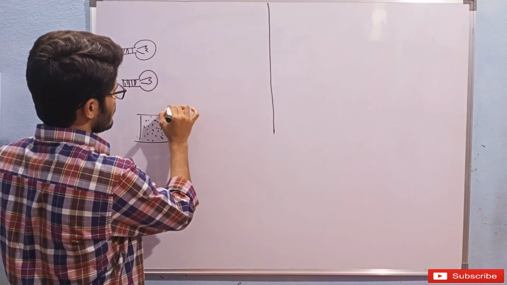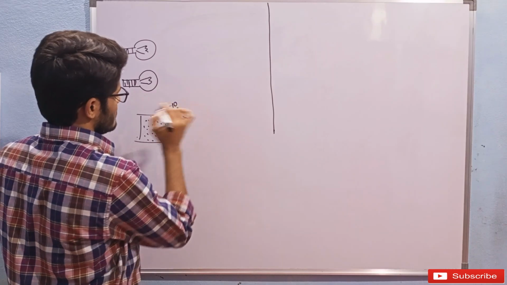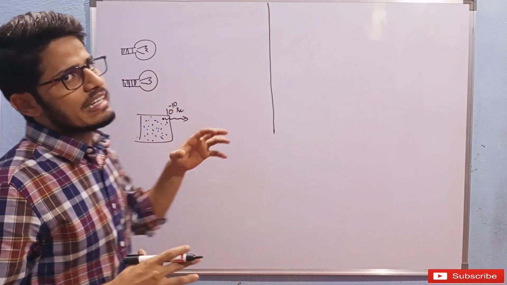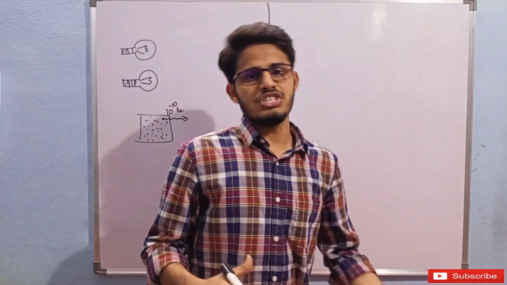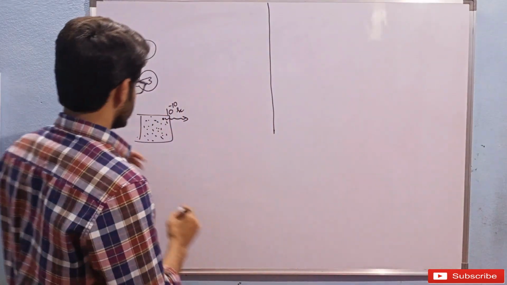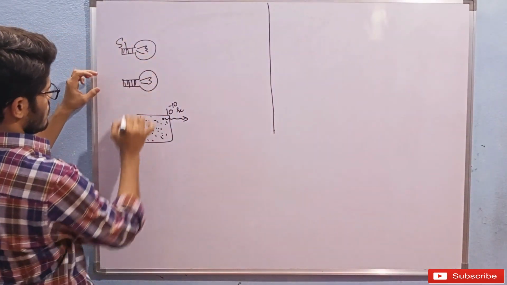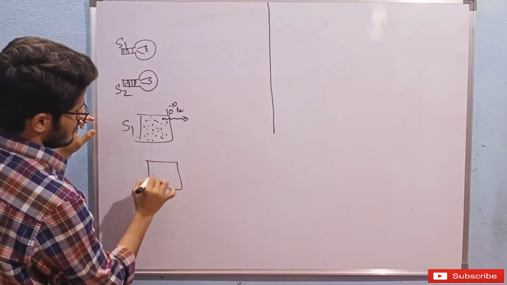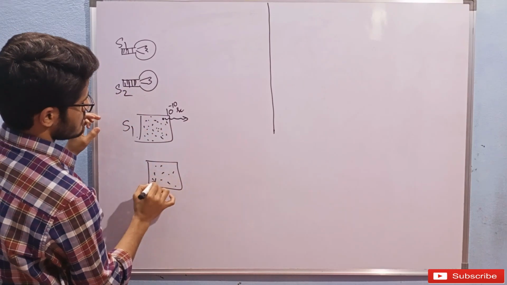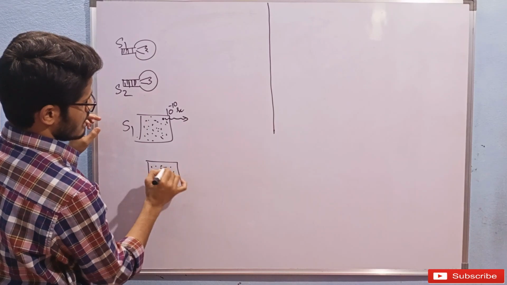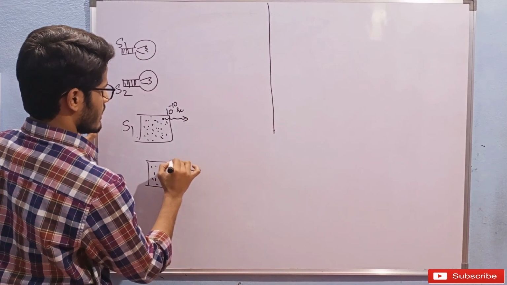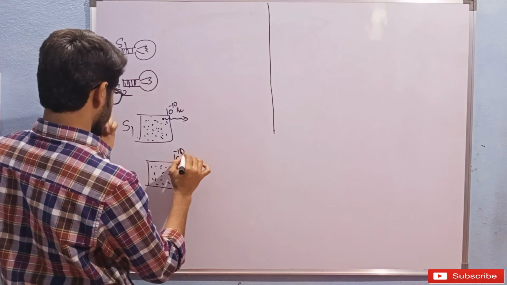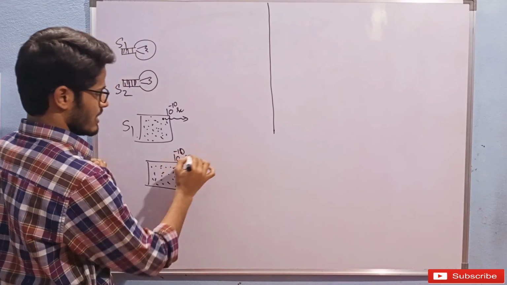It will take about 10 power minus 10 seconds to get the photon. Those atoms are completely independent from each other. Similarly, this is my S1, and this is S2, and from S2 you will again have zillions of independent atoms producing light, and it will also take around 10 power minus 10 seconds to get it.